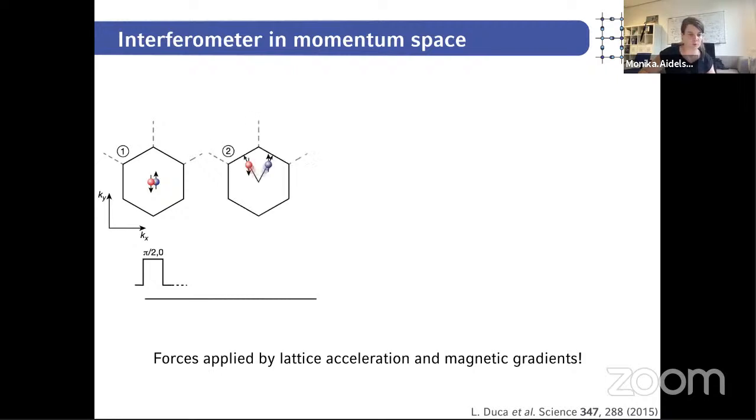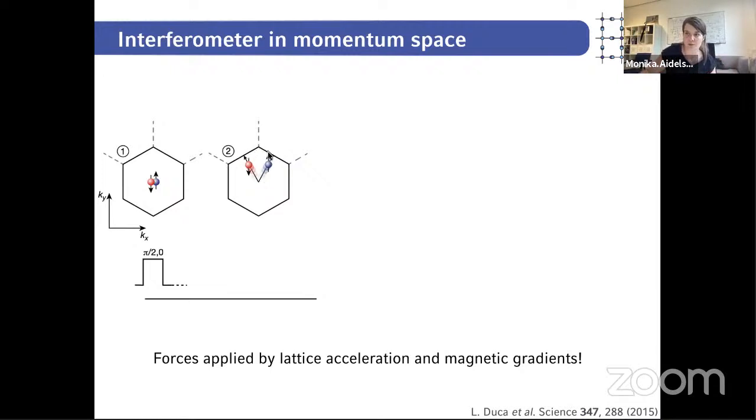So if we combine the two, we have an acceleration here along the y direction and a magnetic field gradient perpendicular to it. The wave packet will split into two parts, because spin up atoms will be dragged to the right and spin down atoms will be dragged to the left. So this opens again our interferometry sequence.